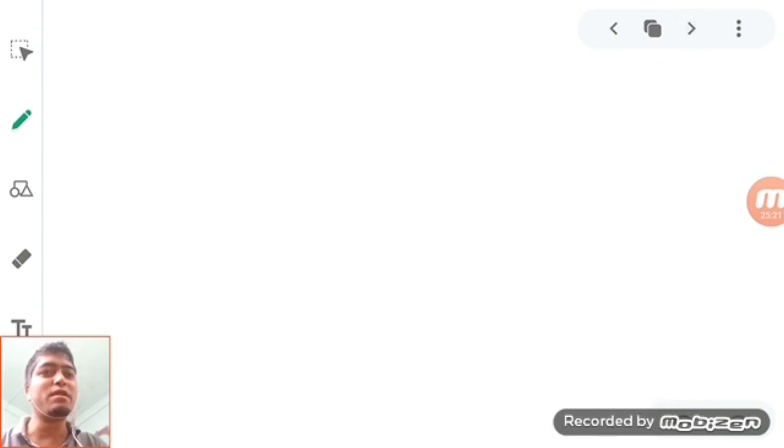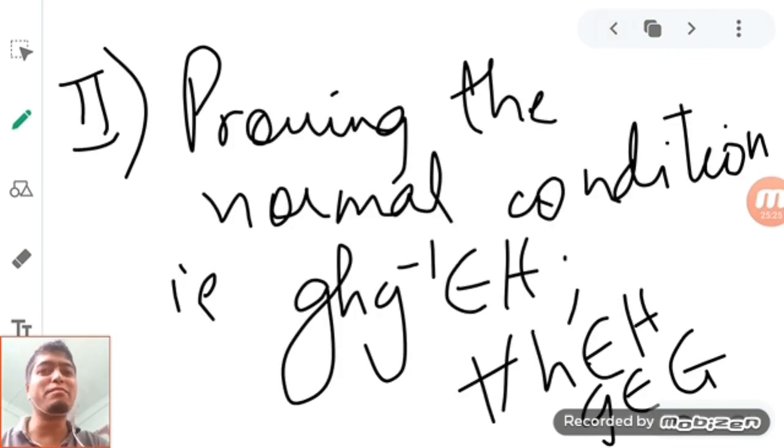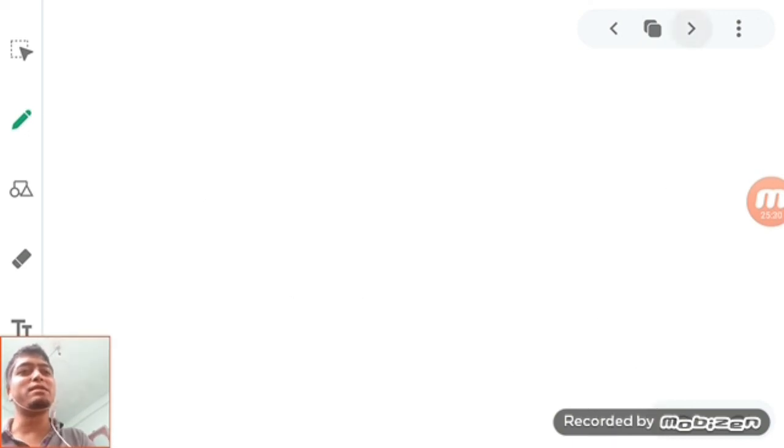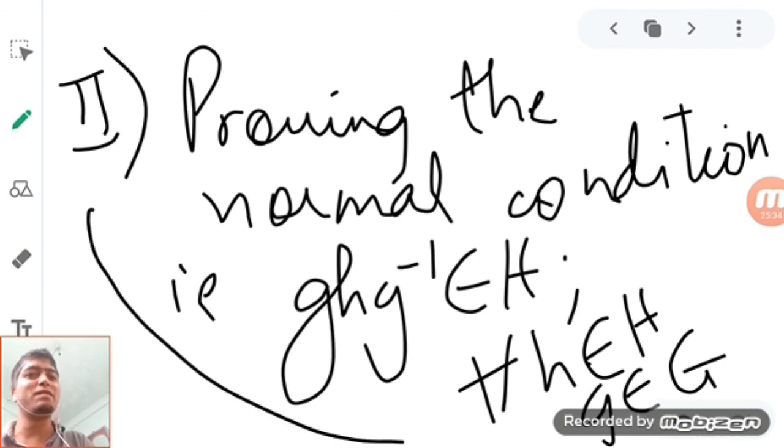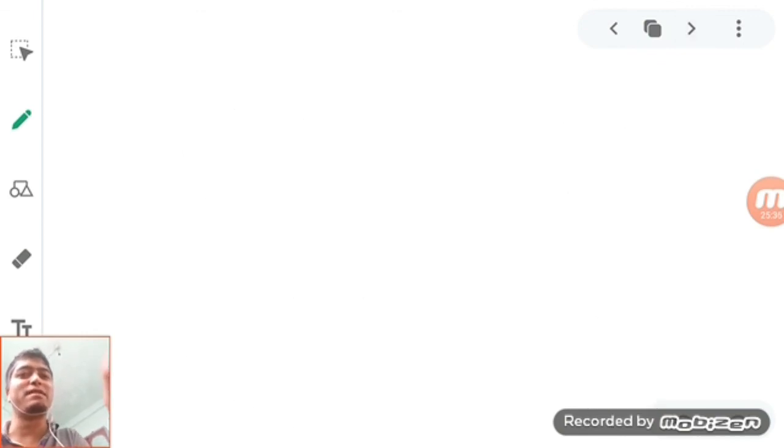So how will I do this one? Now we can prove condition 2 in another way, but actually we can bypass condition 2 and just write it in this way.